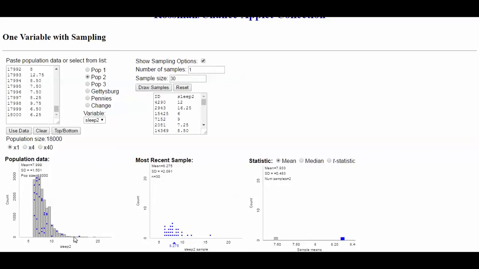And those higher people will bring up the sample mean so that the sample means don't pile up at the low end as much as they did before. And that's going to make the sample means follow a normal distribution instead of the skewed shape that we saw with a smaller sample size.